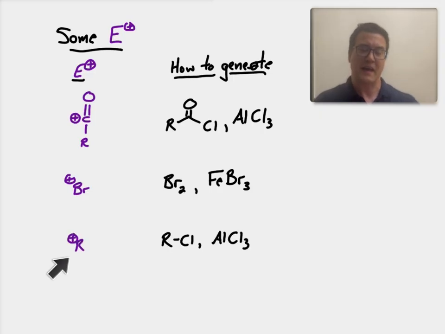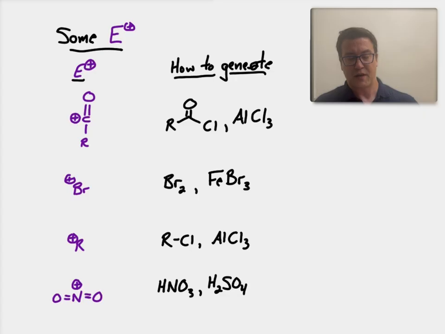If we're trying to simply add an R+, like a methyl, ethyl, propyl, things like this, you can have your alkyl halide, and again you use aluminum trichloride, and similarly the aluminum pulls the chlorine atom away from the carbon so that you're generating this really potent electrophile.